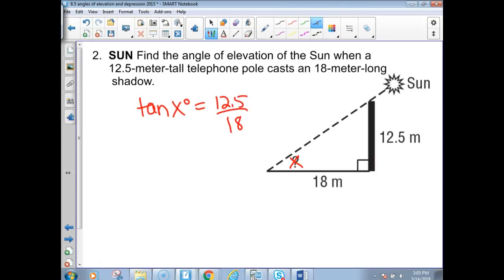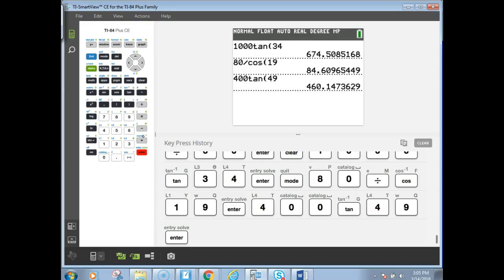Now, what do we do when we find an angle? Second buttons, right? Okay, thanks to Kasha. So you hit second tangent, and it'll be a little -1 on it. Second tan of 12.5 divided by 18. And it'll get you the angle you need.